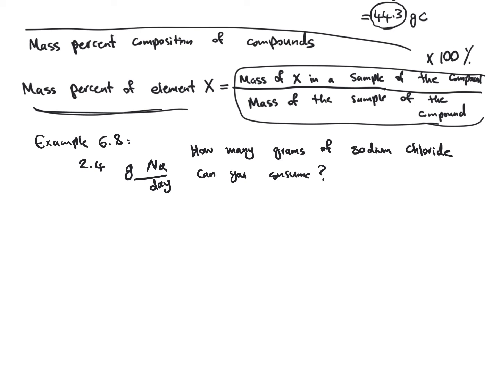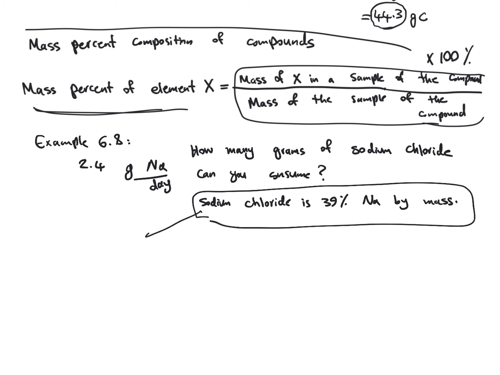And then it tells you sodium chloride is 39% sodium by mass. So you can write this as a conversion factor. So basically this means that in 100 grams of sodium chloride, you have 39 grams of sodium.